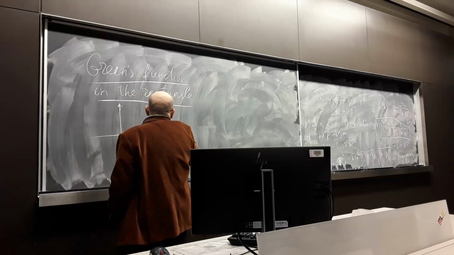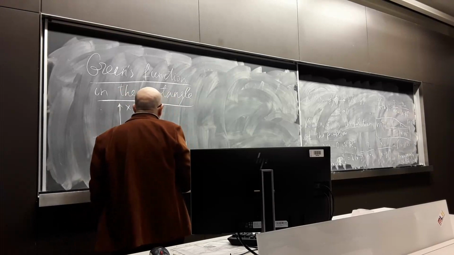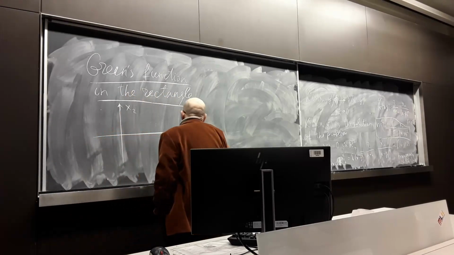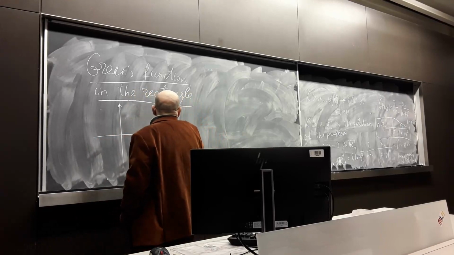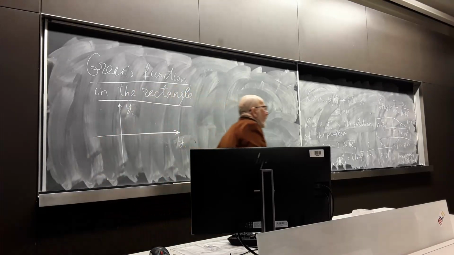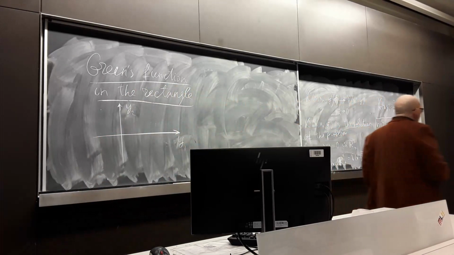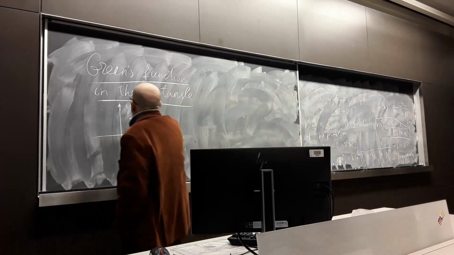So it is y1 and y2, because x will be a fixed singularity and y is the second variable.